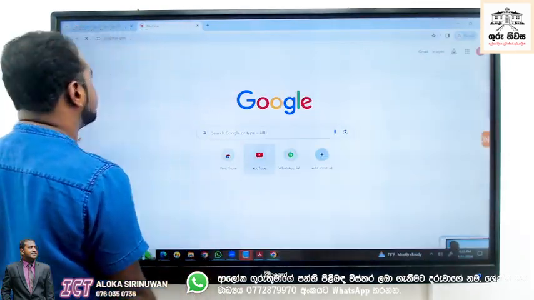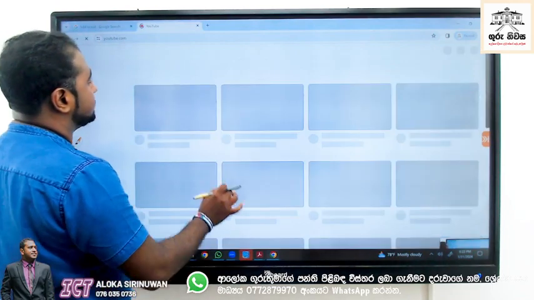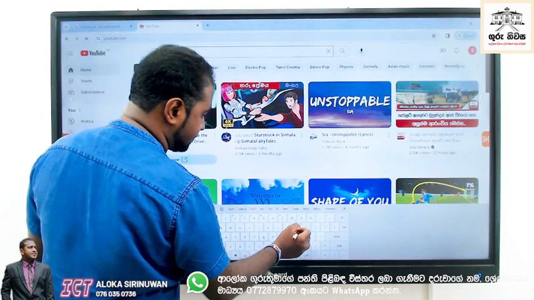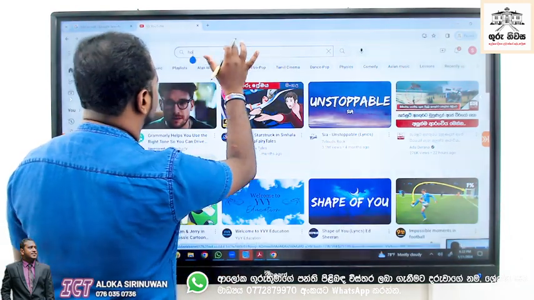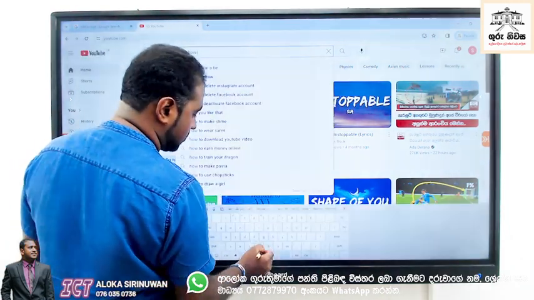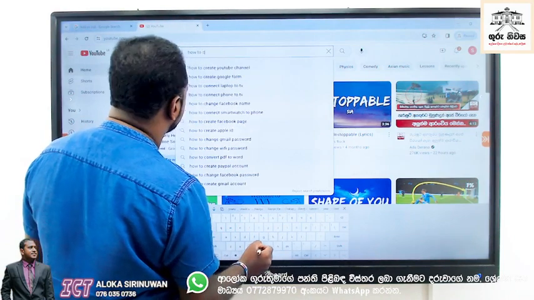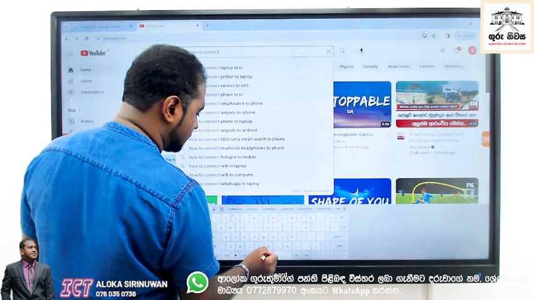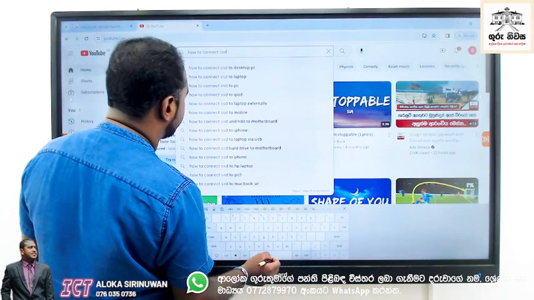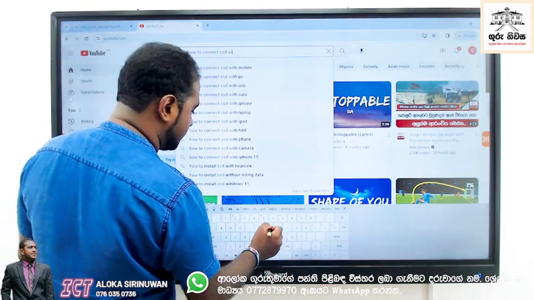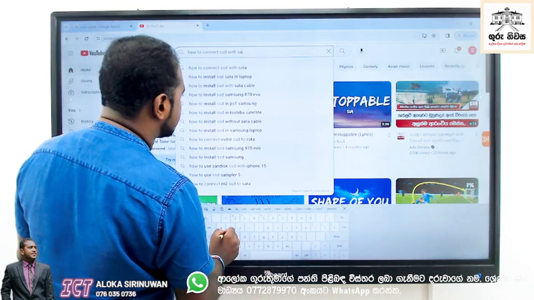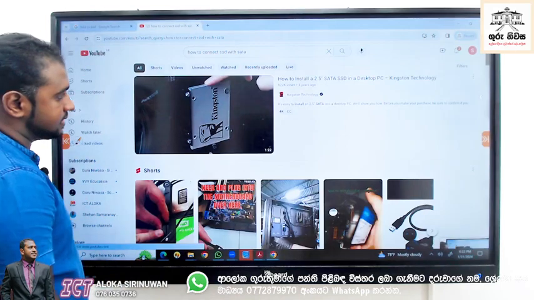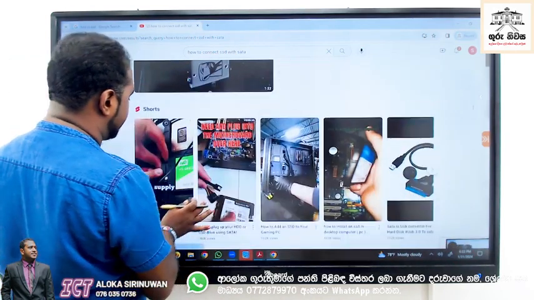I go to YouTube, I will then show you, putha, how to connect SSD with SATA. How to connect SSD with SATA. So look at here, everyone.